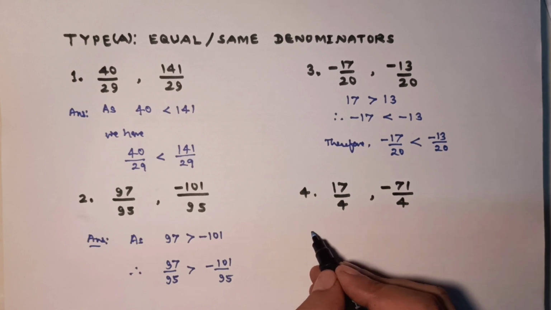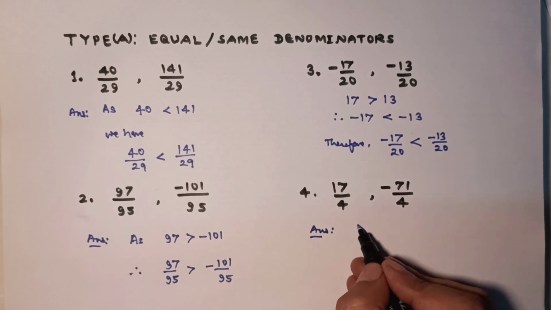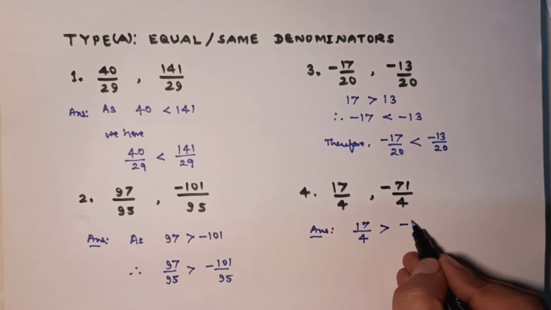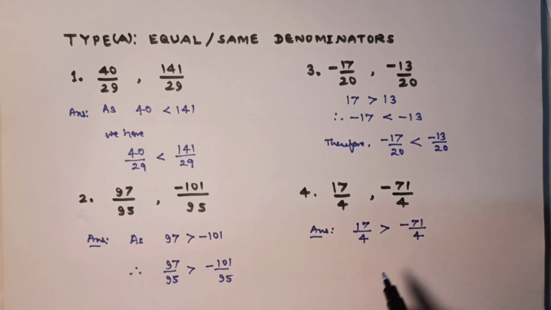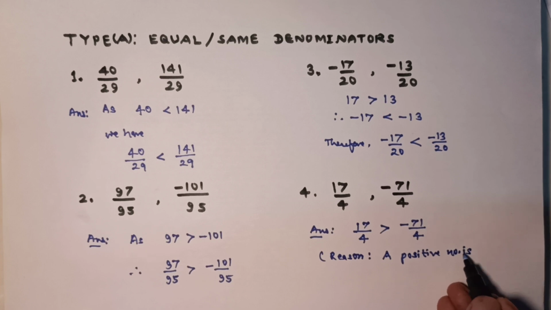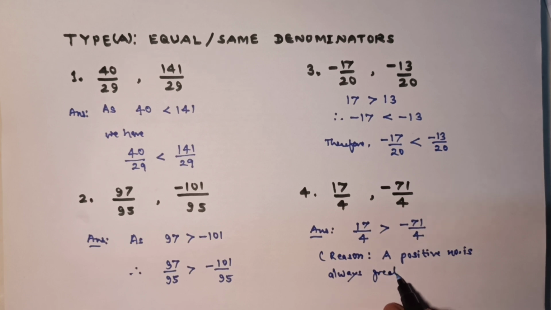So directly you can write your answer as 17 upon 4 is greater than minus 17 upon 4, and the reason is a positive number is always greater than a negative number.